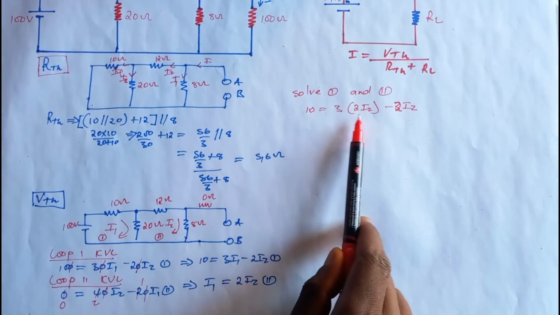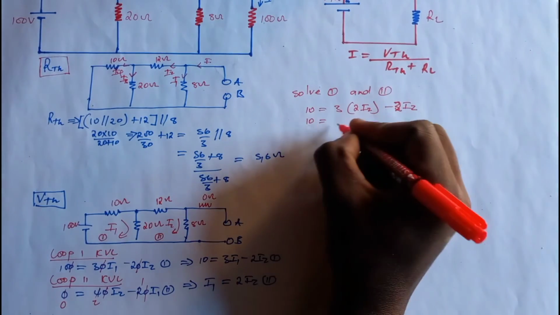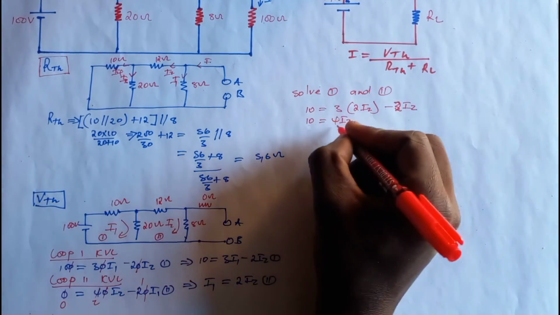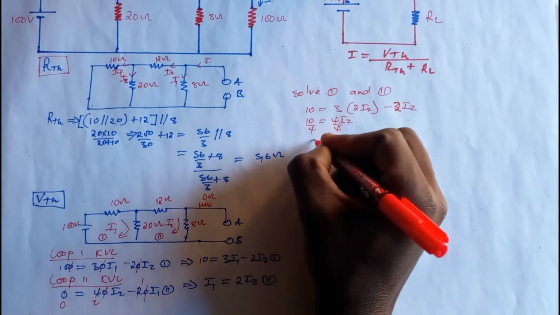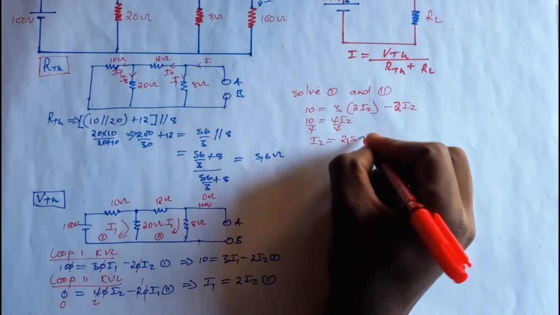So we have 10 equals 6I2 minus 2I2, so 10 is equal to 4I2. We divide each and every term by 4, and we're going to have I2 equal to 2.5 amps.